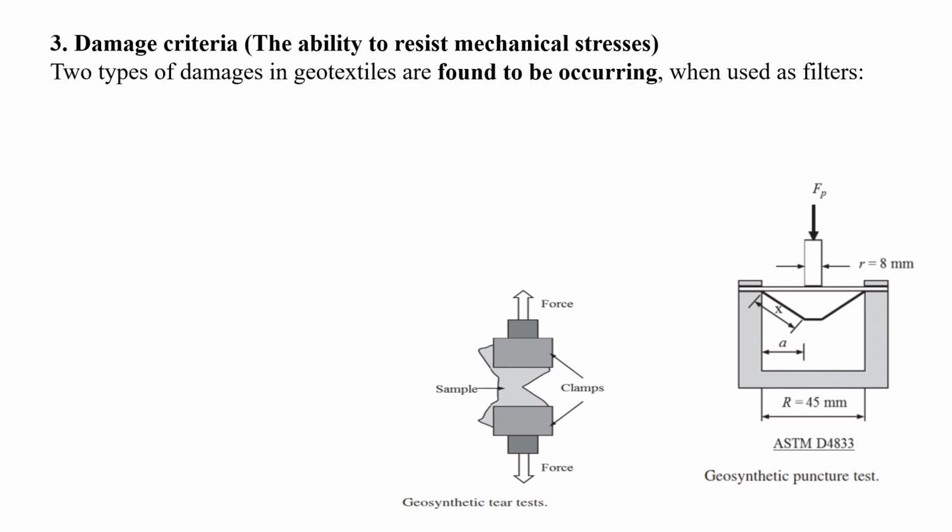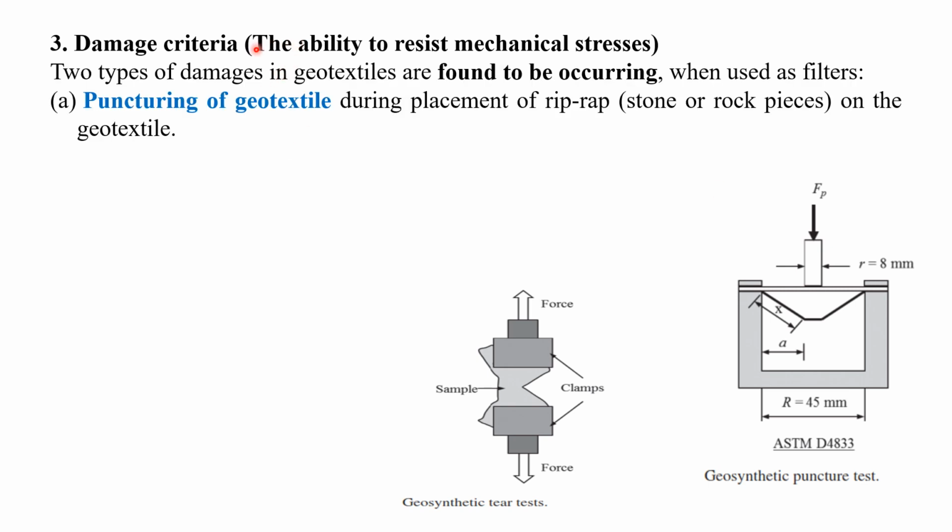Damage criteria, the ability to resist mechanical stresses. Whenever we use the geotextile as a filter material, it should also fulfill the damage criteria. Two types of damage in geotextiles are found to occur when used as a filter.